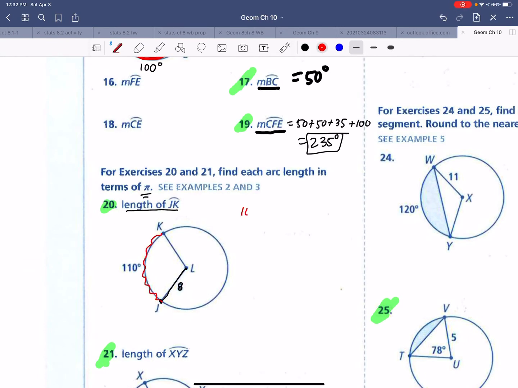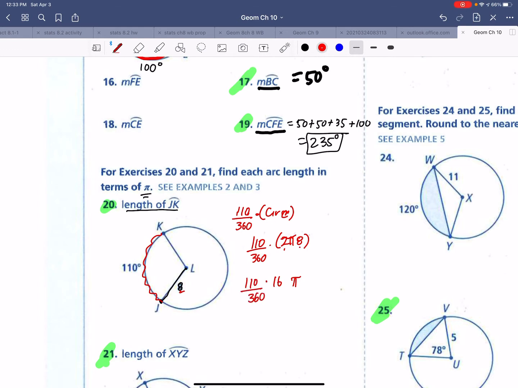So we have 110 over 360. That's the portion of the circumference that we want. So that's 110 over 360 times 2 pi r, and our radius is 8. And they want it in terms of pi. Okay, so we have a pi, and 2 times 8 is 16.